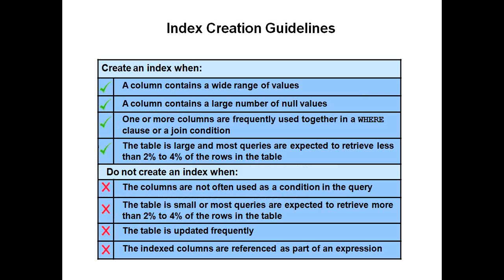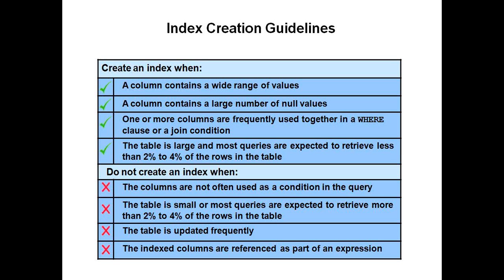And these are very important guidelines that you need to remember whenever you are going to create an index. You have two things: when you need to create an index and when you should not create an index. Starting with the first thing, a column which contains a wide range of values.